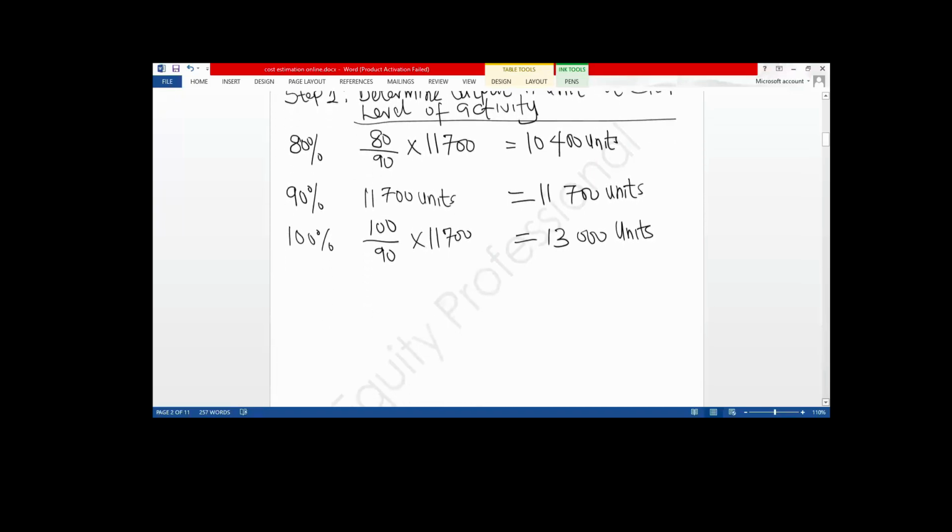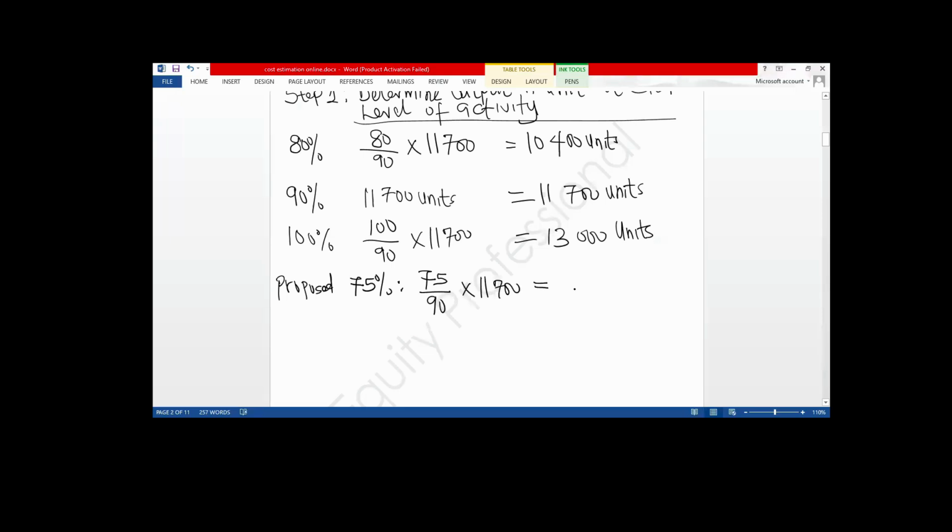All right. Now, the proposed level for Apapa: the company is planning to reduce production to 75% level. At this level, output will be 75 over 90 multiplied by 11,700.